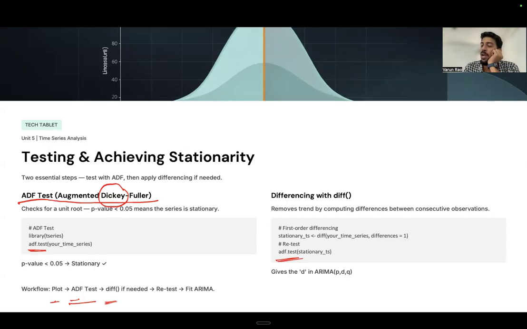Then you would difference the data if needed, test again, and finally you come out with ARIMA, autoregressive integrated moving average.